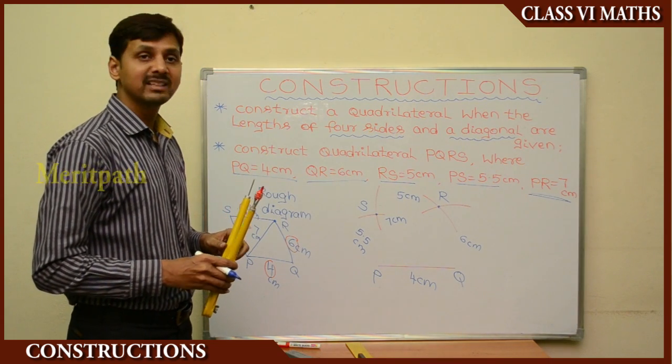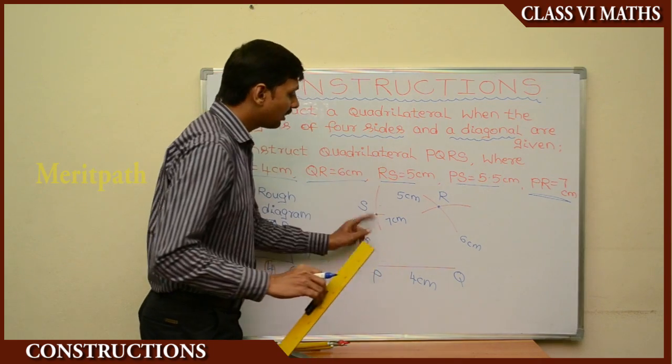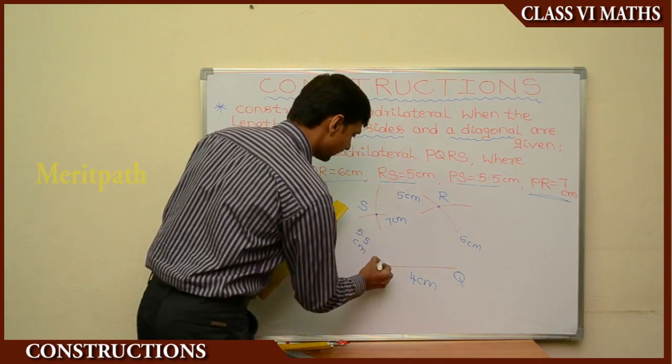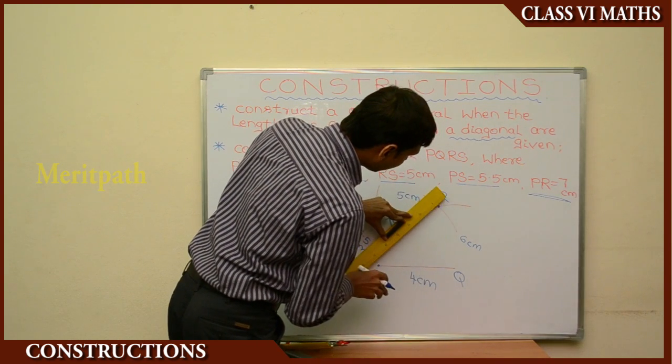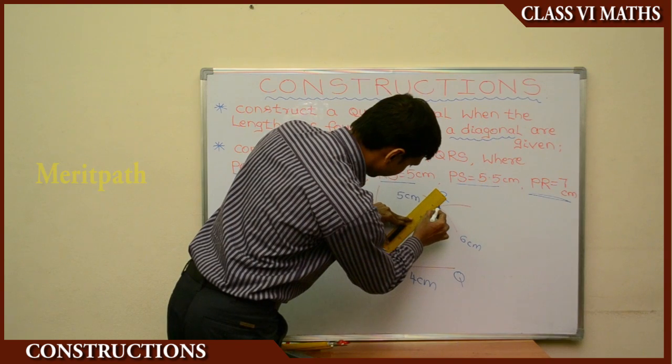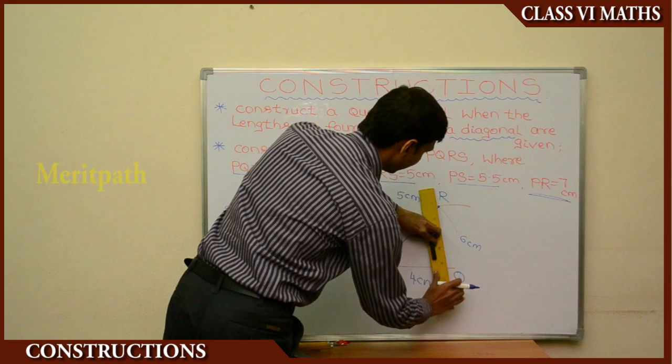Let's join all the vertices. This is PQ. Let's join PR first, and then QR. Then it forms a triangle.